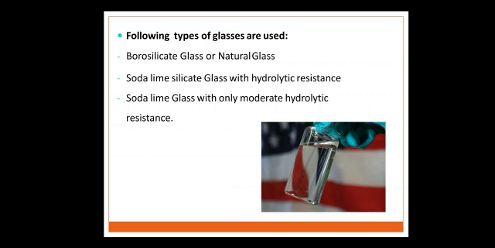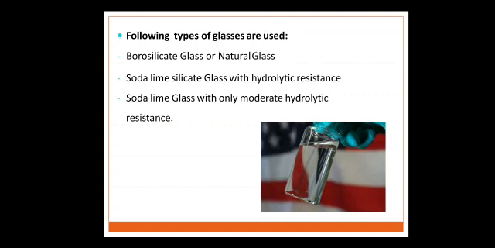It can withstand autoclaving and weathering. Type 2 glass means a soda lime silicate glass with high hydrolytic resistance, in which it is treated with moist sulfur dioxide at high temperature. The containers made from this glass are suitable for most acidic and neutral aqueous preparations.